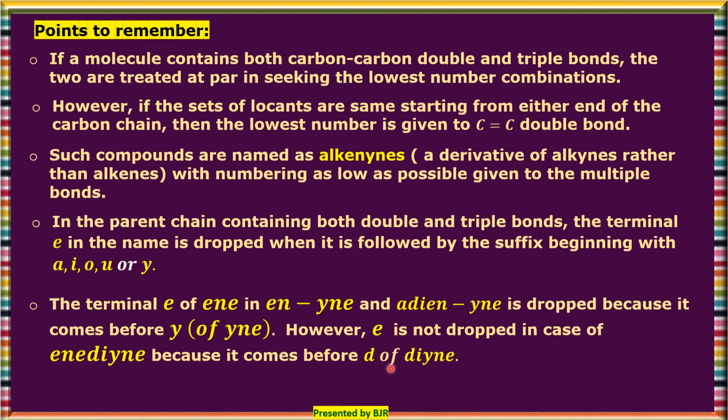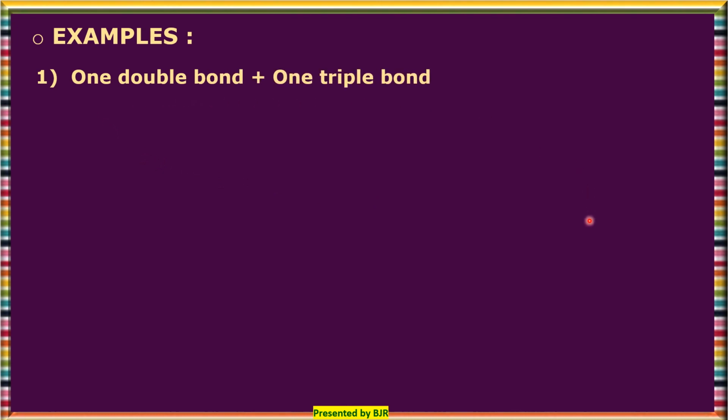When E is dropped and when E is not dropped, in order to know that clearly, here are some examples. If a molecule contains only one double bond and one triple bond, the IUPAC name is root word, locant, ene, locant, yne.